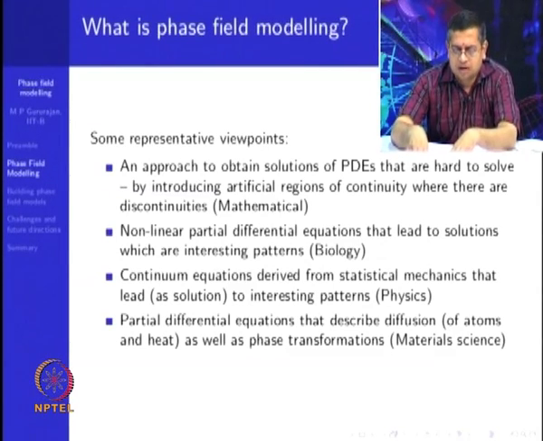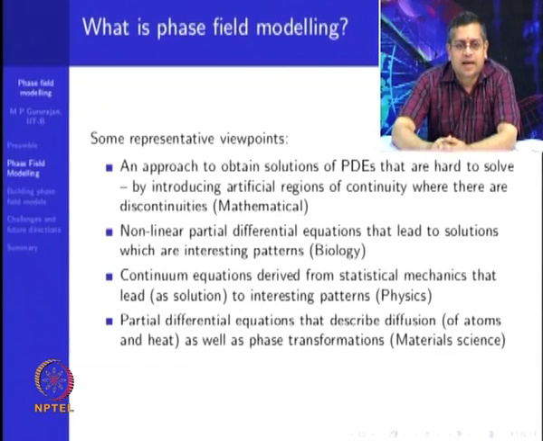So, this is a viewpoint. This is much closer to the kind of viewpoint that we have, but this is more of a physics based viewpoint. Here again the importance is on the patterns and on statistical models. So, what kind of models lead to what kind of patterns. To the extent that we are talking about statistical mechanics based models, we are talking about the physics.